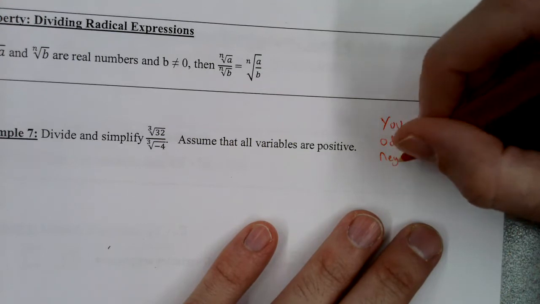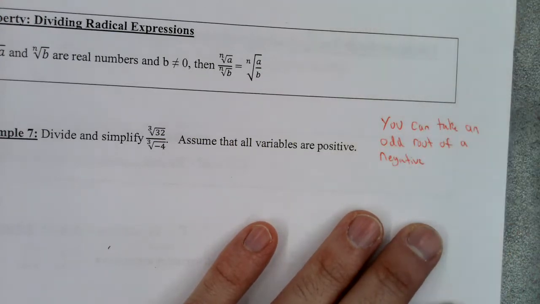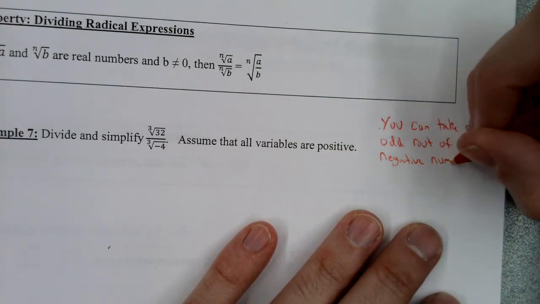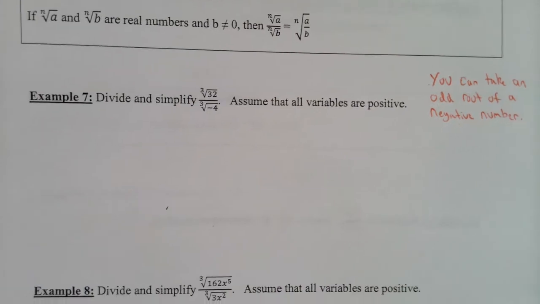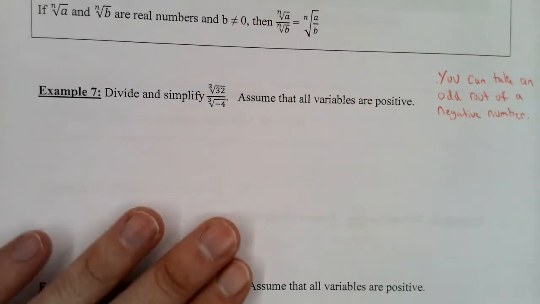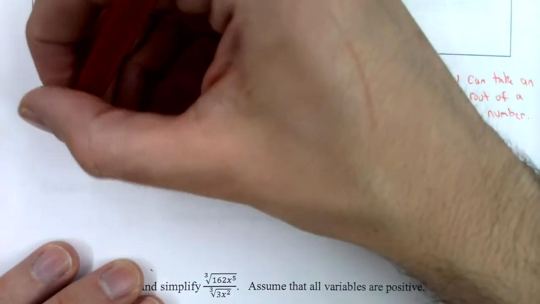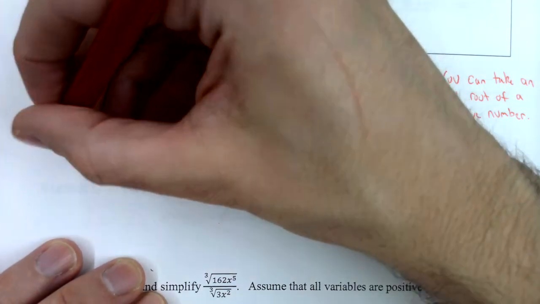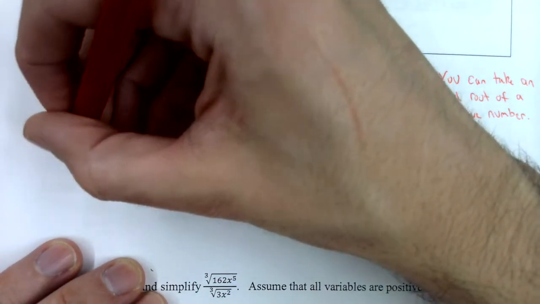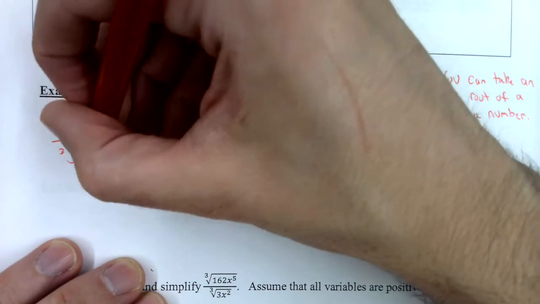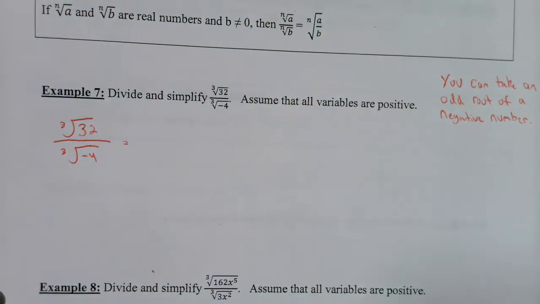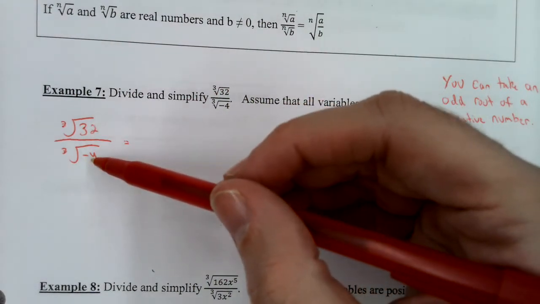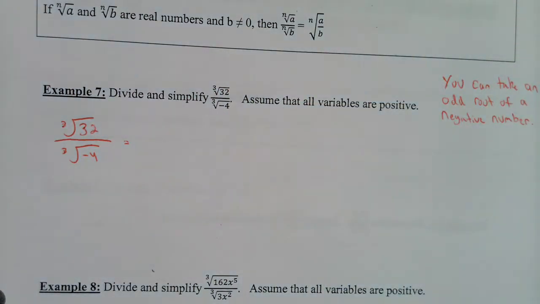We talked about that before, and you'll see why once you do this example out. So the cube root of 32 divided by the cube root of -4. Now you cannot easily get the cube root of 32. You cannot easily get the cube root of -4.